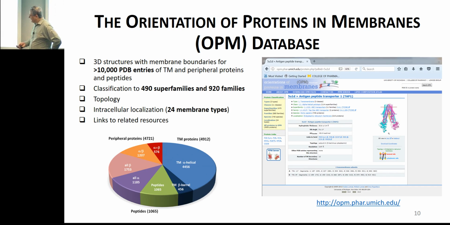And if you look at the content, you can see that transmembrane proteins, alpha helical and beta barrel, constitute less than half of all proteins in the database. All others are peptides, which also associate with lipid bilayers, amphipathic and transmembrane peptides present in the PDB. And others are water-soluble proteins, peripheral or monotopic. Some of them can associate even permanently. But there are many of them, and this data cannot be found in any other resources or databases on the internet. And also included is the PPM web server.